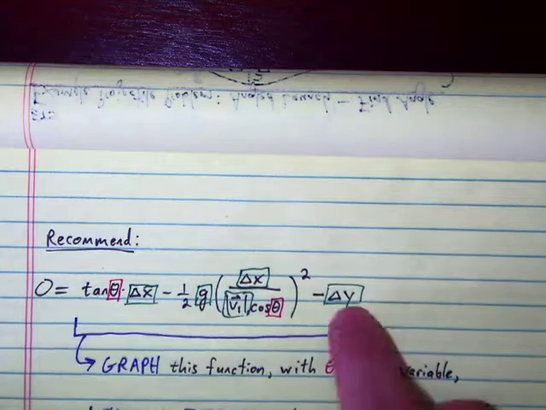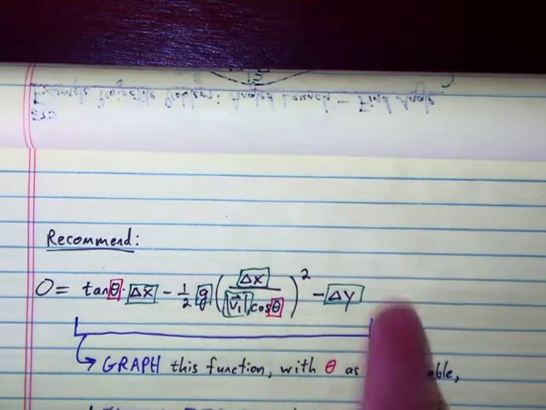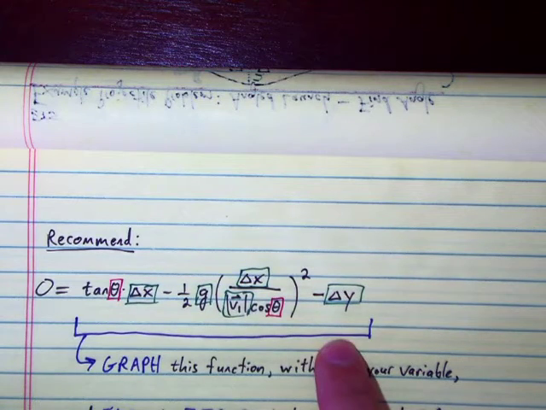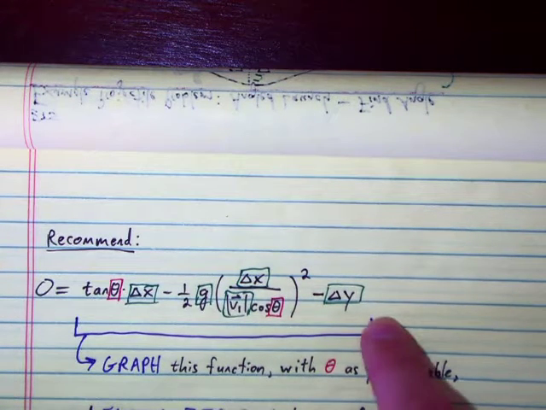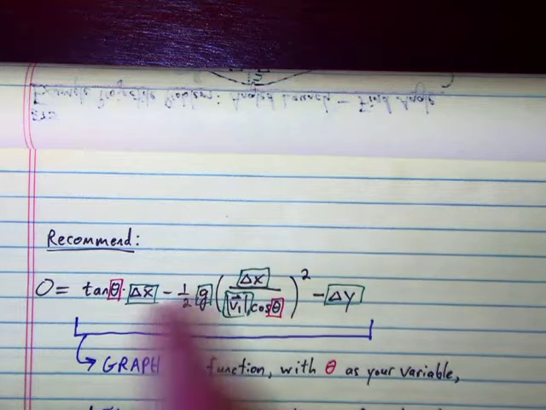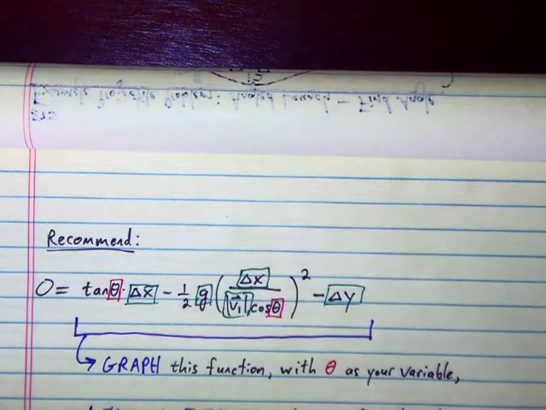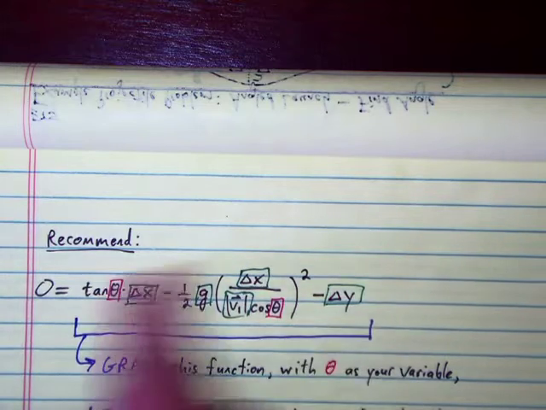I would subtract delta y from the left-hand side, put it on the right-hand side. So now you've got 0 equals this whole expression here. I would put this expression into your calculator, putting in numbers for all the givens here, putting numerical values for everything in green, and then leave theta there as your variable. Theta is your variable. Then we want to find where this expression equals 0.